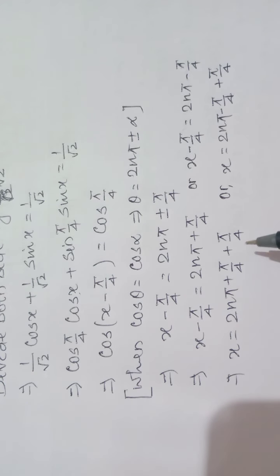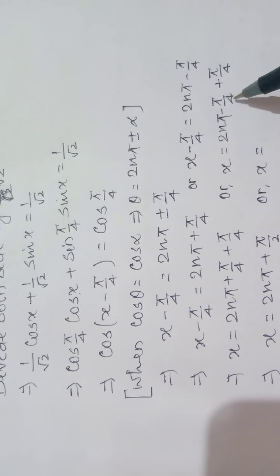Calculate these values. Pi by 4 plus pi by 4 is pi by 2. So x is equal to 2n pi plus pi by 2, or x is equal to 2n pi, as minus pi by 4 and plus pi by 4 cancel.